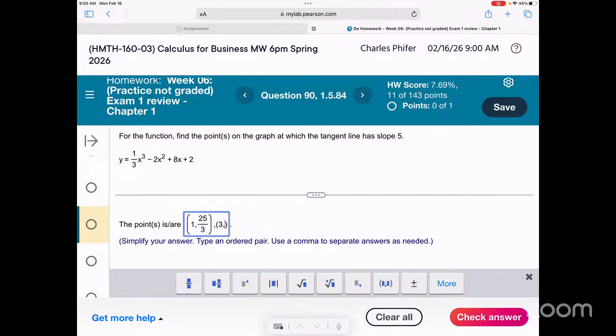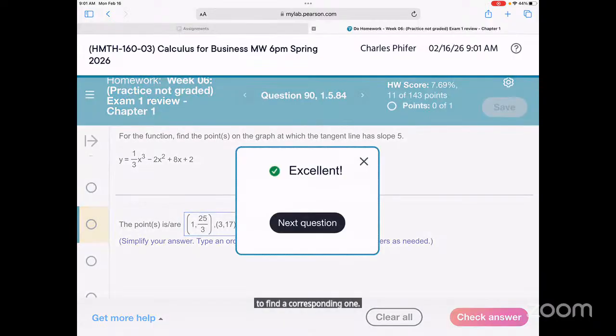And then when x is 3, 27 divided by 3 is 9. 9 minus 18 is negative 9, plus 8 is 17. So again, all we really did was take those values of x and plug them in to find the corresponding y. Okay.